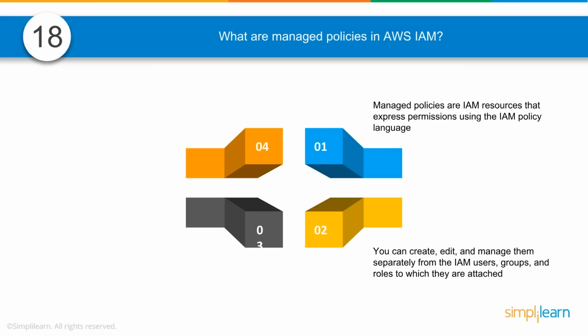We can now update a policy in one place, and the permissions automatically extend to all the attached entities. So I can have 3 or 4 services point to a particular policy, and if I edit that policy, it's going to reflect on those 3 or 4 services. Anything that I allow is going to be allowed for those 4 services, and anything that I deny is going to be denied for the 4 services.